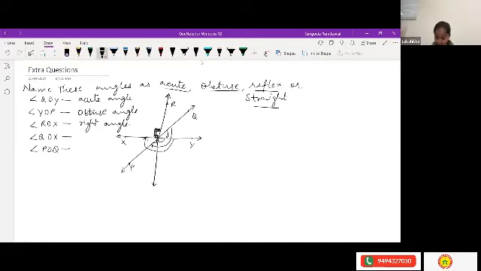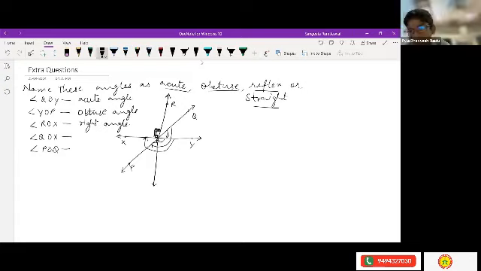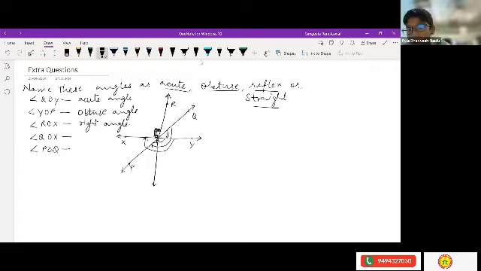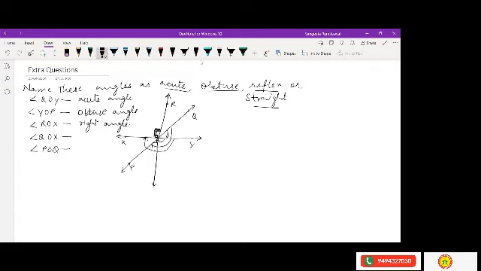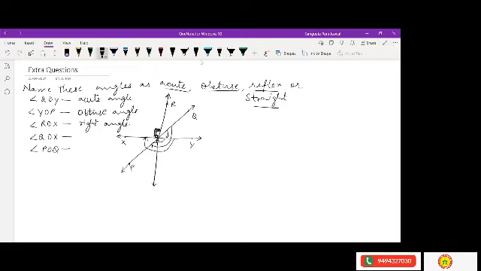Now angle QOX. Bhavesh, your turn. Q is here, O is here, and X is here. What angle is this? It's acute. Huh? See, you can see this angle here. Actually, you are looking from this side, no?